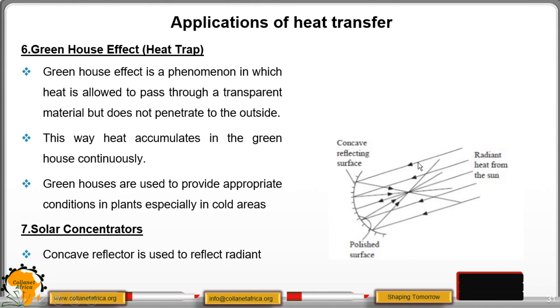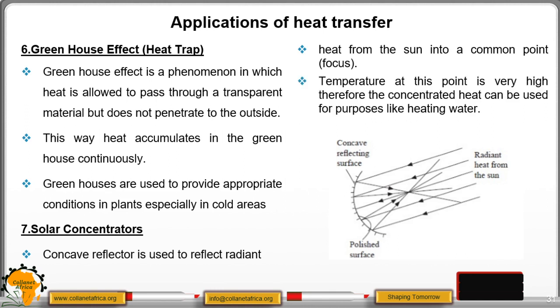So as the radiant heat comes from the sun, it meets the reflecting surface, is reflected, and converges to a single point that we call the focus. If you put your water there at the focus, then you can heat your water. The temperature at that point is very high. Therefore, the concentrated heat can be used to heat water, or you can even use it to cook.